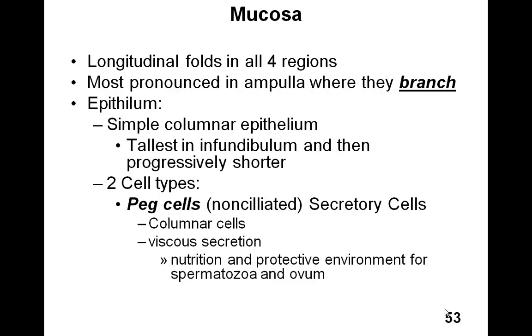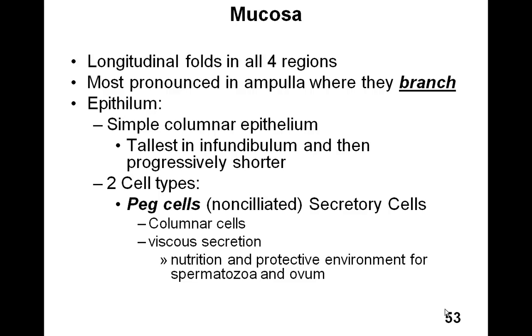And we're going to be actually taking a look at the ampulla of the oviduct in our lab when we get to it later on in the lecture today. The folds are much more pronounced in that region, and we're going to see some branching of those longitudinal folds. The epithelium lining the oviduct in all regions is simple columnar epithelium. The simple columnar cells consist of two different types.